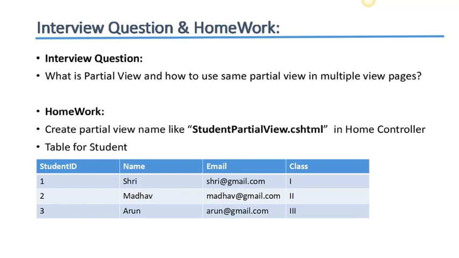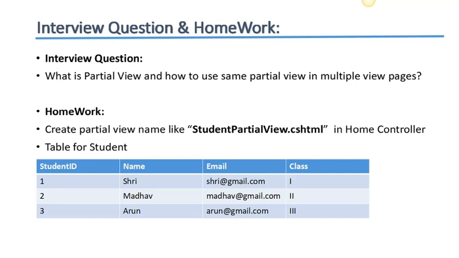Provide some dummy information. Practice more, and you can render this partial view in the index and product view pages, and you can create one more employee page and render it with the help of Html.RenderPartial or Html.Partial, and practice more.